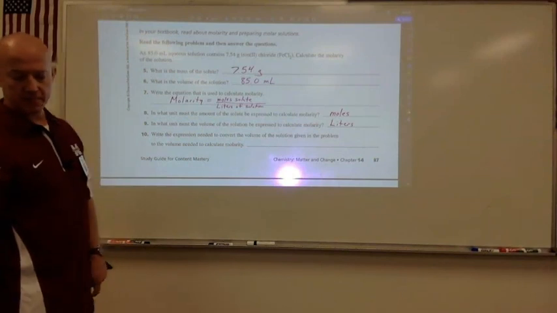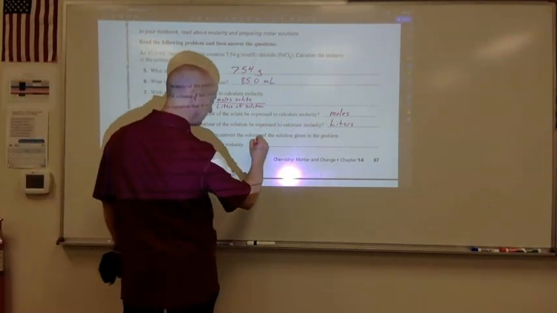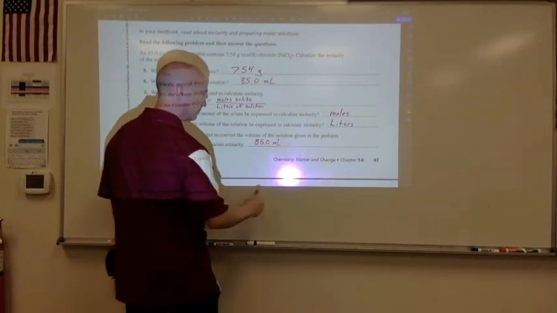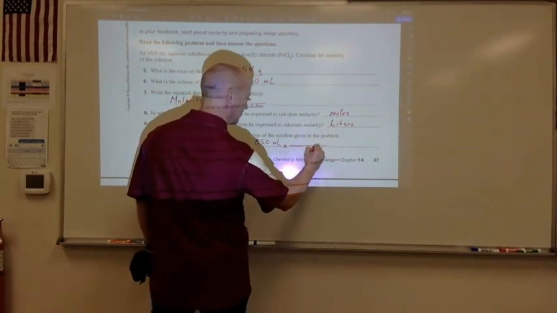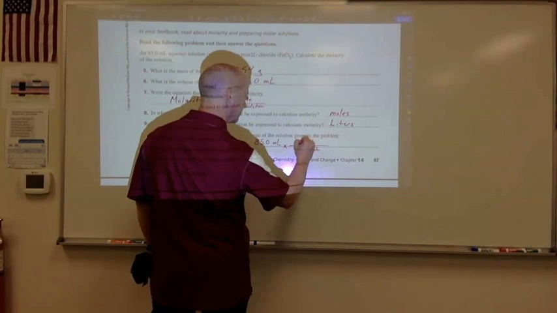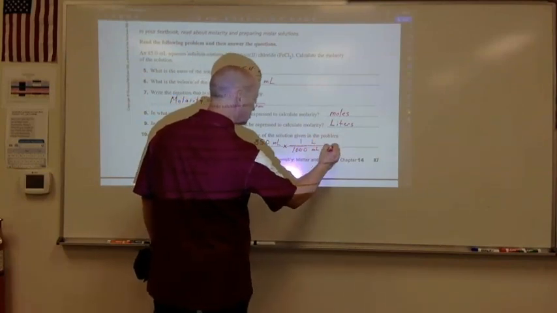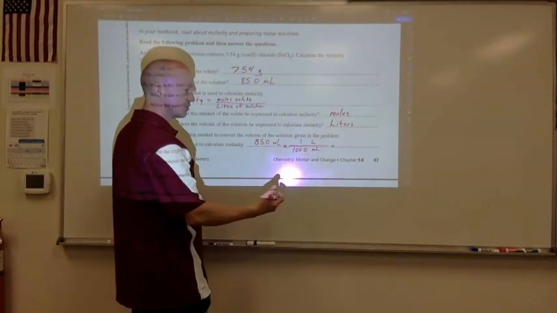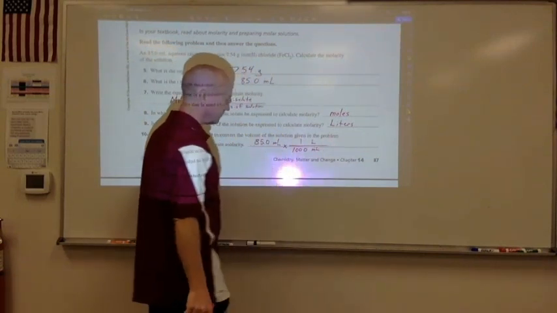We're going to use a little dimensional analysis here: 85.0 milliliters, and a conversion factor, milliliters to liters. 1 liter equals 1,000 milliliters. If you want, you can solve it here, but we are going to solve it on the next page.